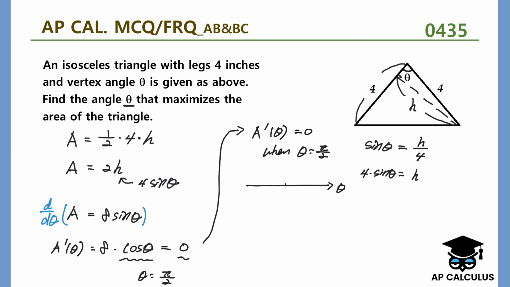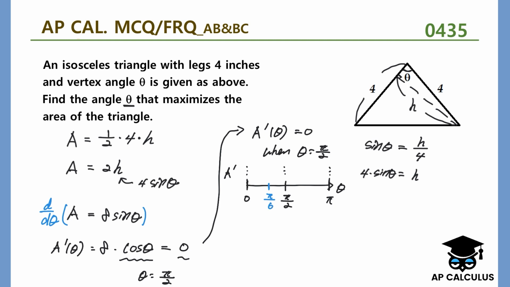Here's theta, pi over 2. The angle has to be greater than 0 and less than pi, right? So A prime here. If we substitute an angle that is less than pi over 2, let's say pi over 6 or pi over 3, whatever.